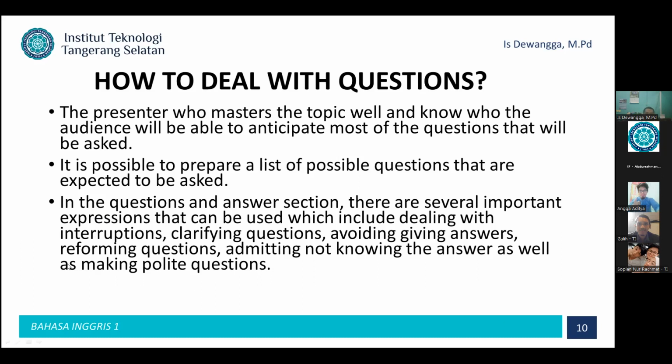So here in the question and answer section, you have to use several important expressions, which include how to clarify the question from the audience, or how to deal with their interruptions, how to avoid giving an answer. Maybe there is a question from the audience and you want to avoid answering it, so you have to have the expression to use there.